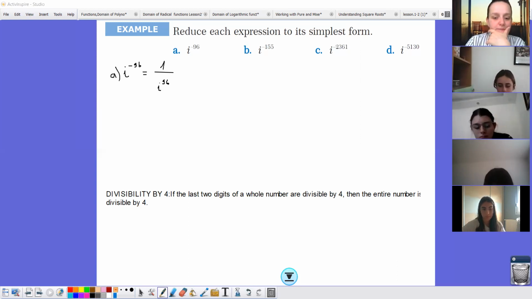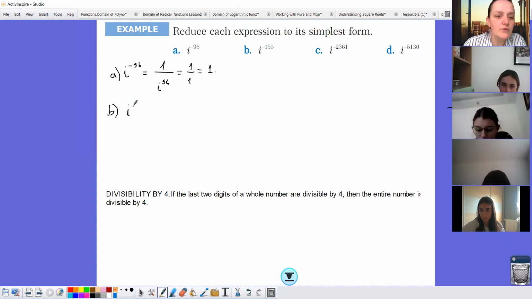And what you said, when you divide 96 by 4, there is no remainder: 8, 16, 4, 16, 0. So this part will be 1. Okay. For B, let's see how it will be. Again, you will divide by 4.